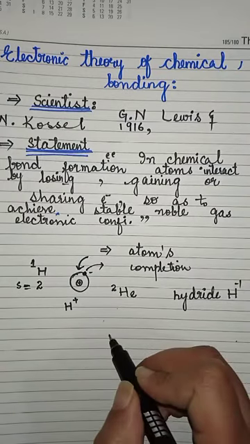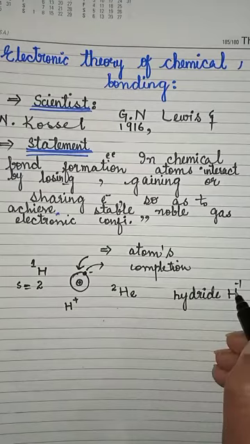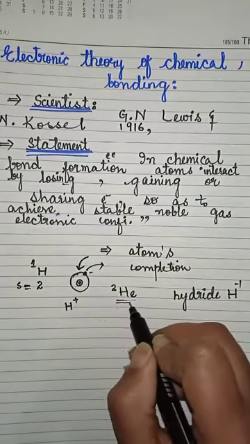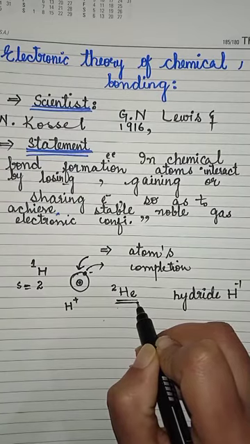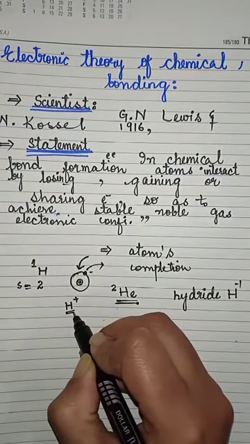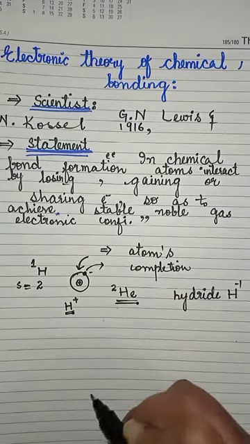In the form of hydrides it gets the outermost electronic configuration of helium, but in another case, in the form of a proton, it might also get stabilized, right?